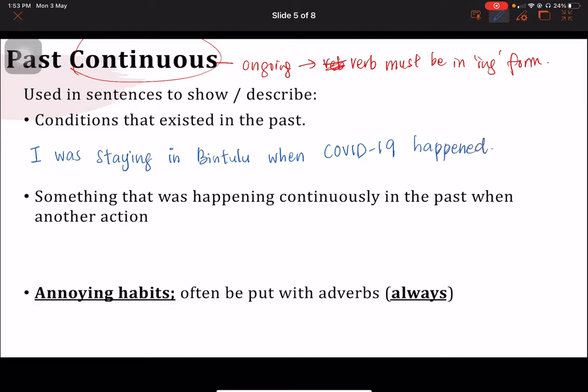So we're talking about the condition when this thing happened. So where were you? What about you?